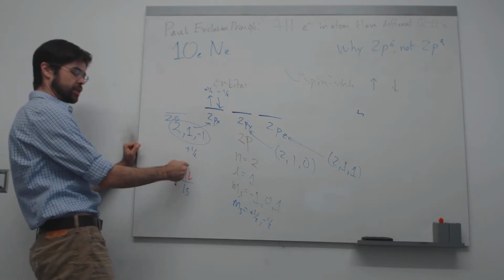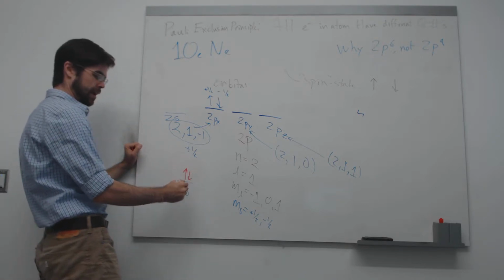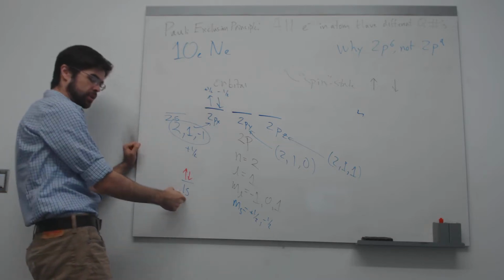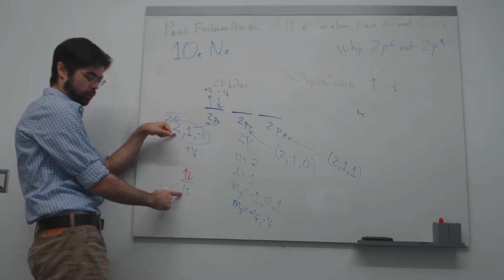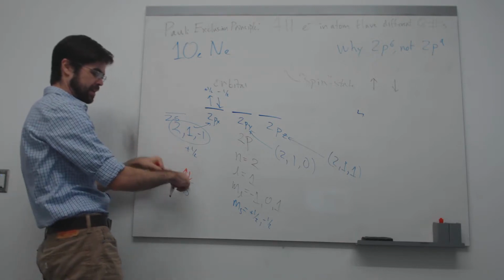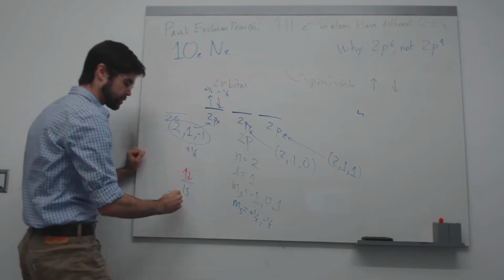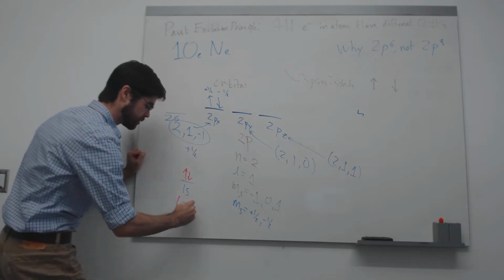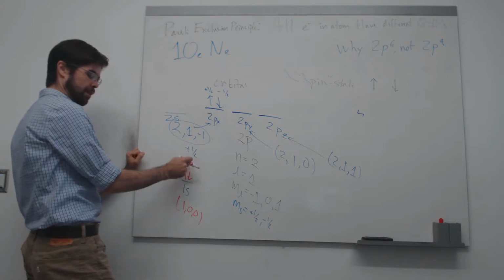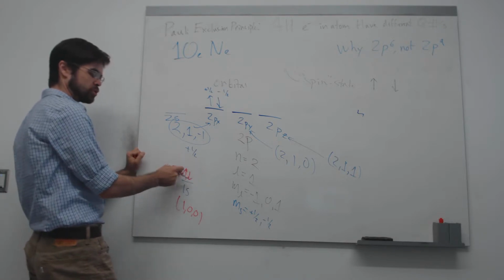Again, the idea is each of these different arrows represents the different spin configurations. These electrons have the same principal quantum number, the same angular quantum number, and the same magnetic quantum number. So in this case, it's 1, 0, and 0. That describes this orbital, and within that orbital, the electrons have 2 other options.